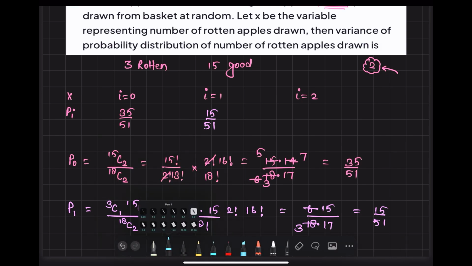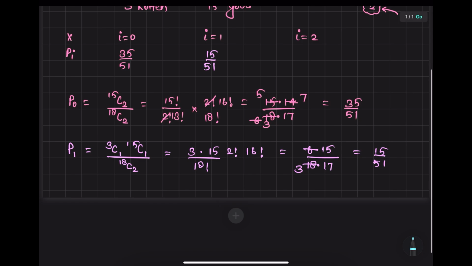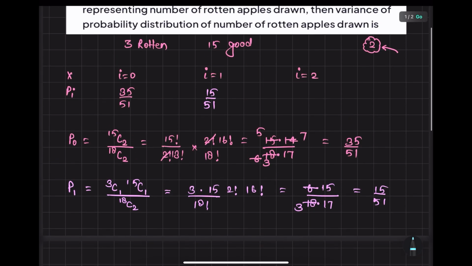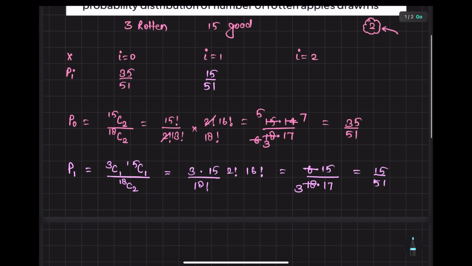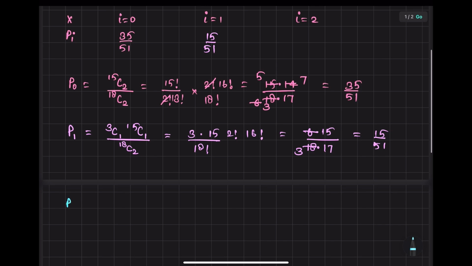Okay, so if the number of rotten apples is 1, the probability will be 15 by 51. I hope till this part you guys are comfortable. Now if the number of rotten apples is 2, so it is P2. There are 3 rotten apples, out of which you have to handpick 2, so it is 3C2, and then we have 18C2.